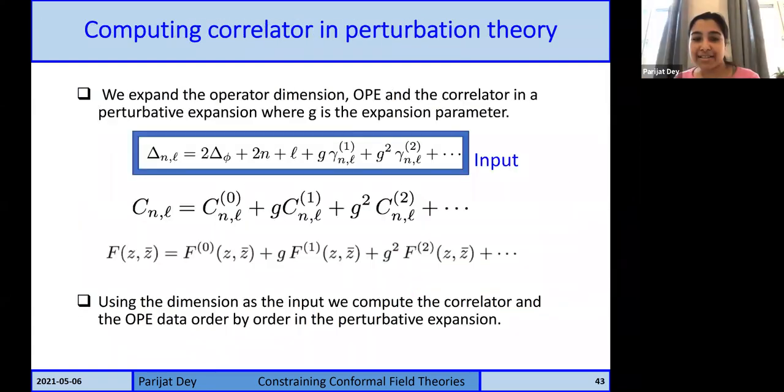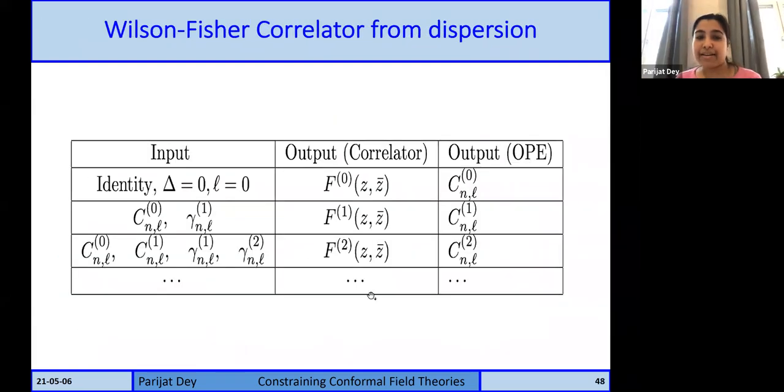So in this expression, I'm just computing directly this F0, F1, and so on. But suppose I want to compute F1, then I need this C0 as the input. This is the OPE coefficient that I compute from the previous order.